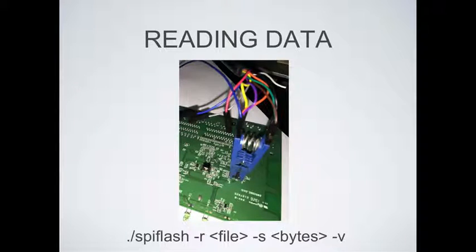So what does this look like when we are attached to the board? If you remember correctly, this particular chip was on the back side of the board, so we're hooked up to the back side. Here's our SOIC clip, and this clip can actually clip directly onto your memory chip.